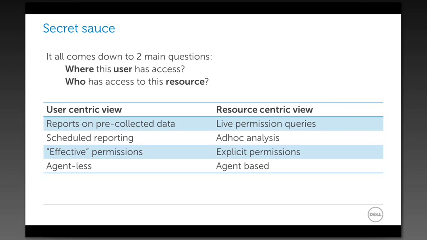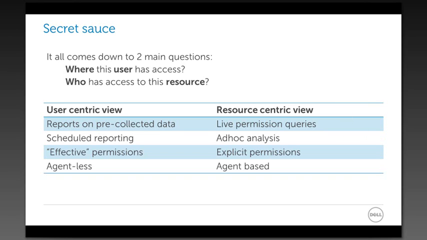You don't want to wait until all the data has been collected, because you might have, again, thousands of servers, and waiting for that data to come up can be just unacceptable. For resource-centric view, on the other hand, you know what resource you are talking about. It can be a file server or a NetApp device. So that's why you can effectively target your collection, and the reporting on pre-collected data makes more sense.